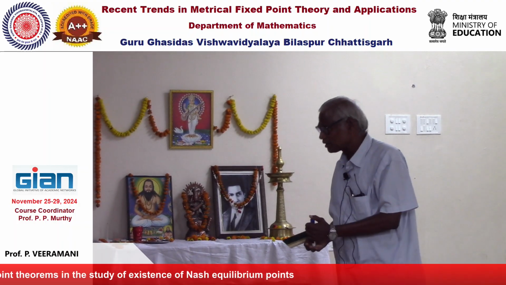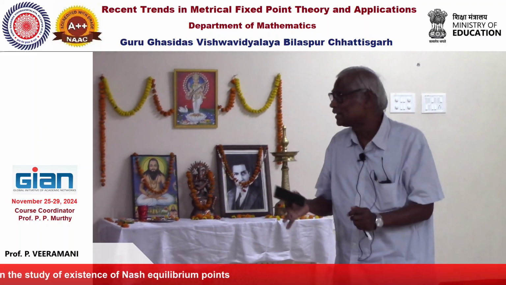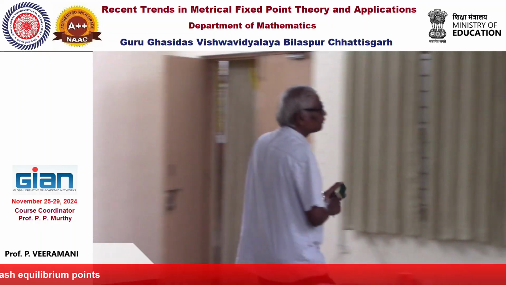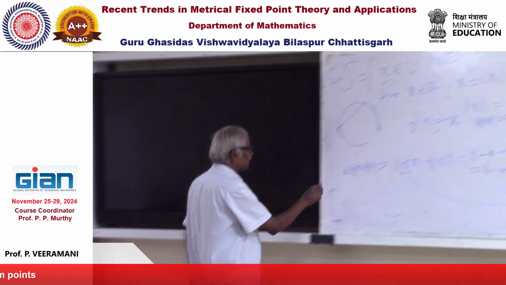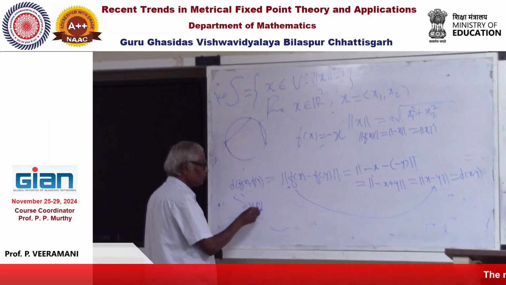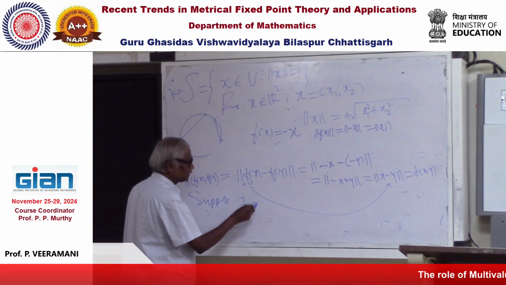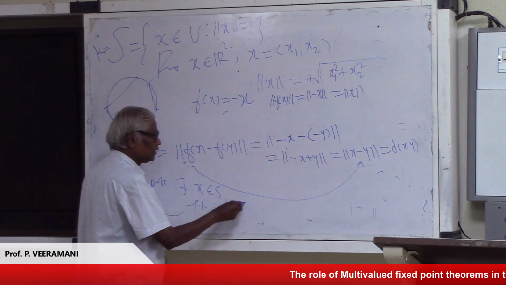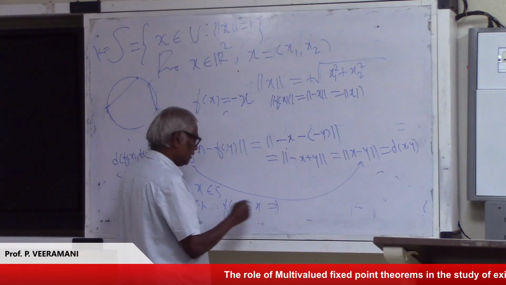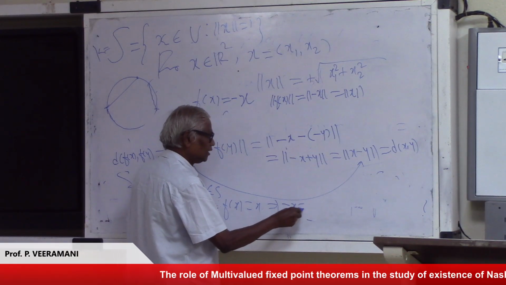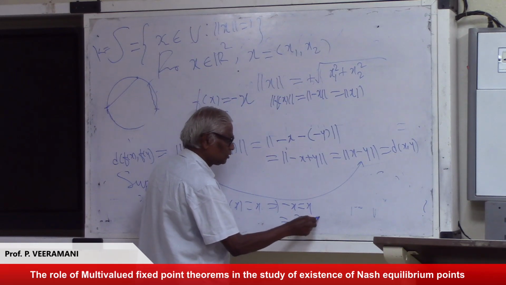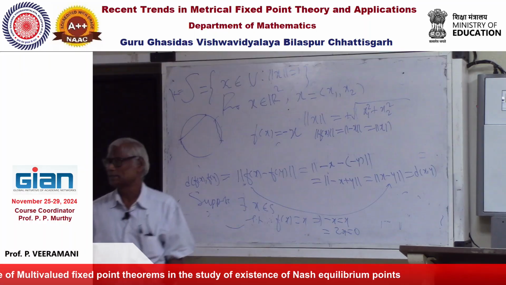It's a very strong condition, still can a fixed point exist? What will happen? Suppose there exists x in our domain such that f x equals x. Then f x is minus x, equal to x, which implies 2x equals 0.